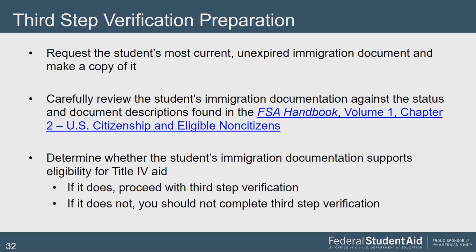If it does, or you're unsure, start third step verification by downloading the immigration document to your computer so it'll be ready and available when you go to upload it to SAVE. If it does not look like an eligible status, tell the student they aren't eligible unless they provide documentation that supports an actual eligible status.